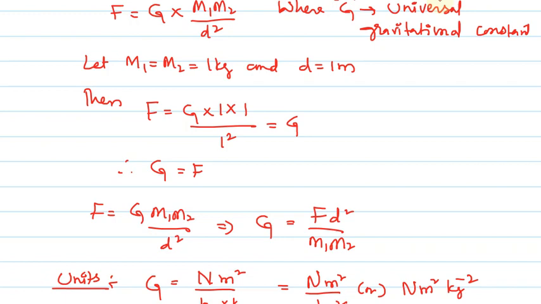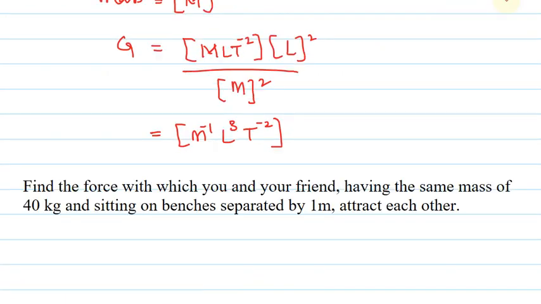Now let us consider an interesting example of the force of attraction between any two bodies. This law was proposed by Sir Isaac Newton. Let us consider an interesting application of F equals capital G m1 m2 by d square.